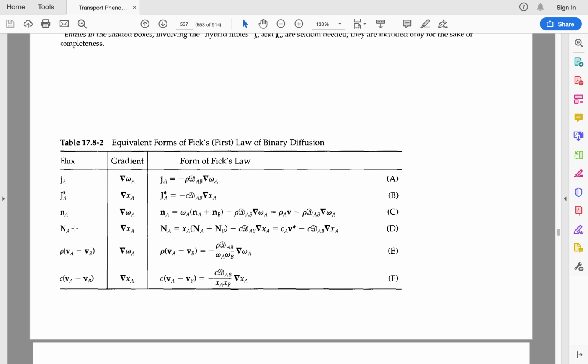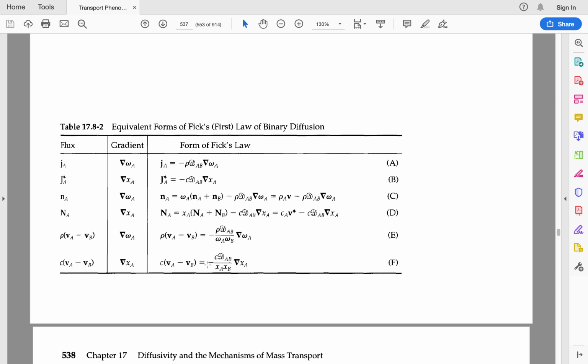If it is in molar terms, N_A would be equal to x_A times N_A plus N_B minus c D_AB gradient of x_A, where the term c D_AB gradient of x_A is Fick's first law, the J_A star.